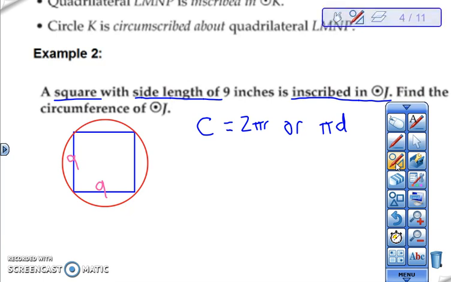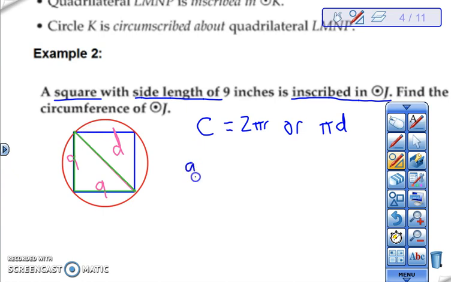However, if I draw a line going across the square, it's going to hit the middle of the circle. So to find the diameter, I just need to trace out my right triangle.